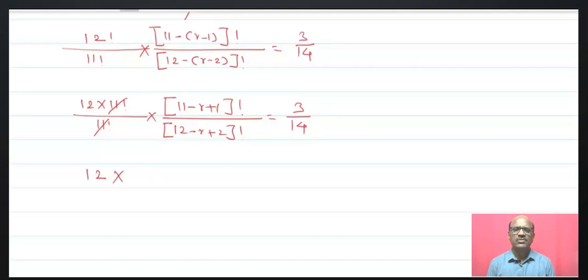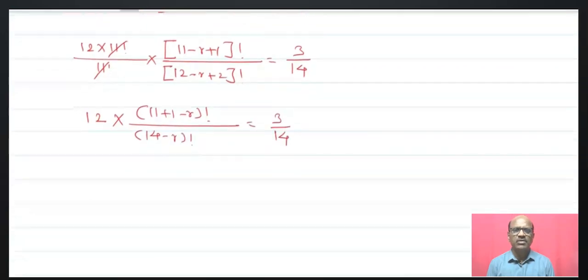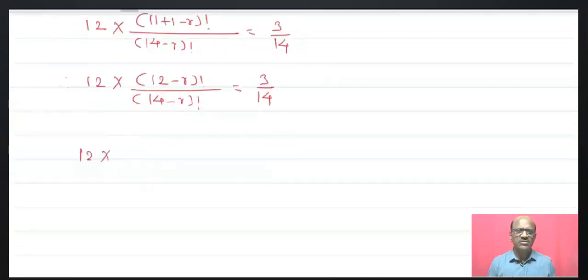That is 12 into 11 plus 1 minus r factorial, and 12 plus 2, that is 14 minus r factorial, equals 3 upon 14. 12 into (12 minus r) factorial upon (14 minus r) factorial is equal to 3 upon 14.